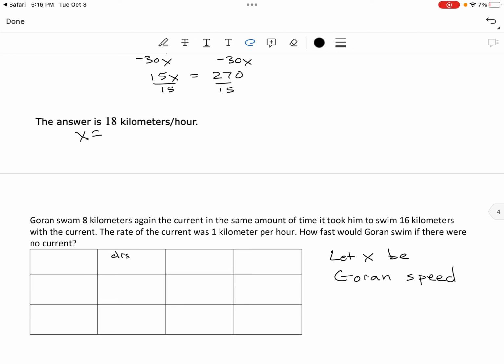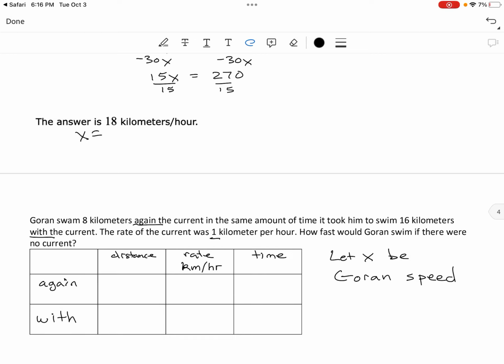Again, we're going to have distance, rate, and time. Now, it's Goran either way, but the thing that's different about the event is one of them is against the current, and the other one is with the current. Do they tell us how fast the current is going? Yes, the rate of the current was 1 kilometer per hour.